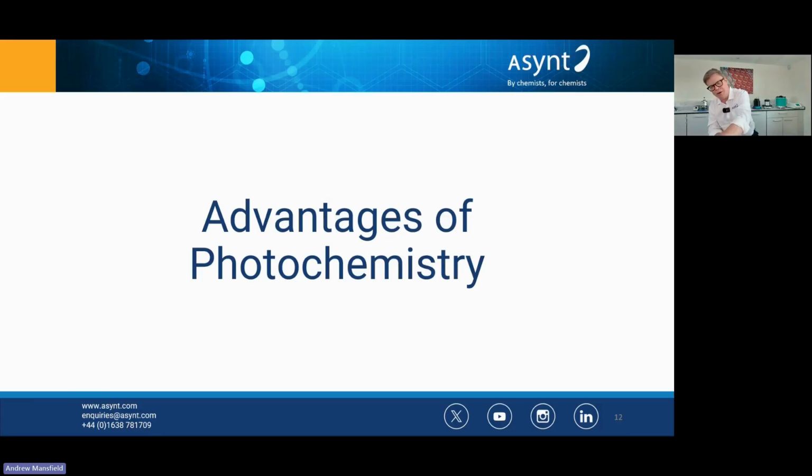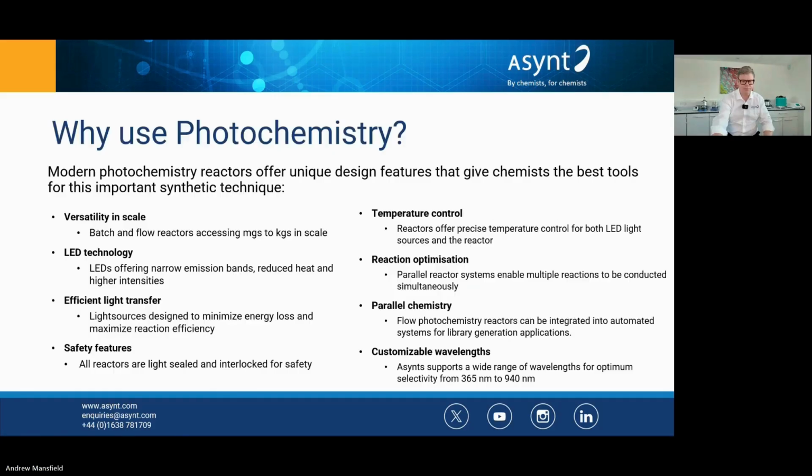So what are the advantages of photochemistry to us as chemists? There's lots of advantages, not just from those green potentials, but modern photochemistry equipment and those unique designs allow us a versatility in scale, but also methodologies.